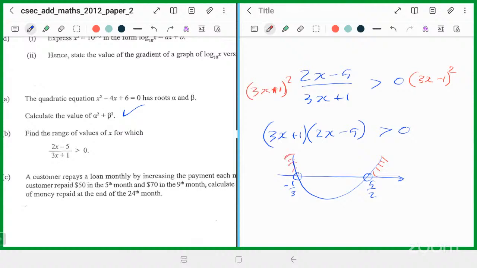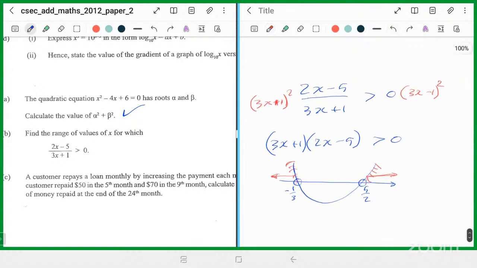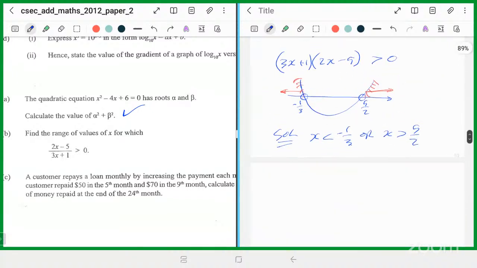These are obtained by values to the right of 5 over 2 and to the left of negative a third. So the solution is, on this side, x is less than negative a third, or on this side, x is greater than 5 over 2. That is your solution right there.